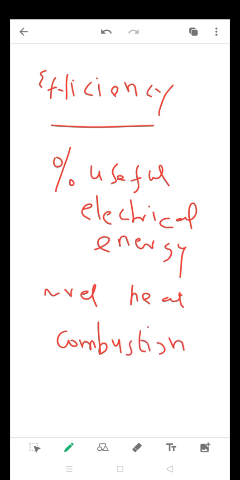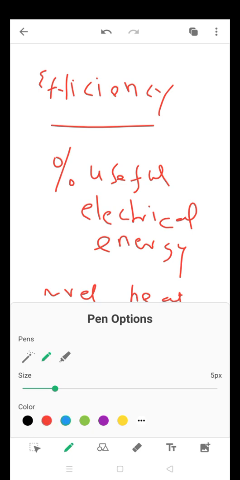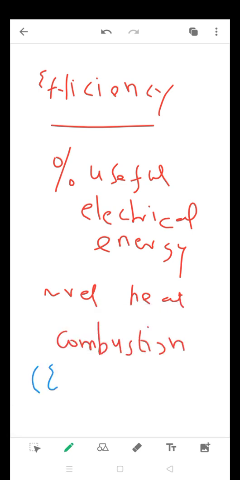So it's the useful electrical energy with respect to the relative amount of heat, and this efficiency is also called enthalpy of formation.